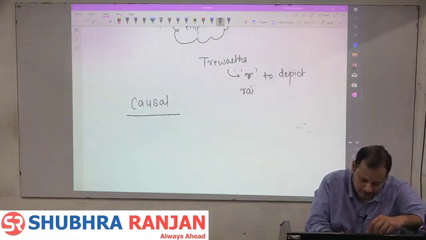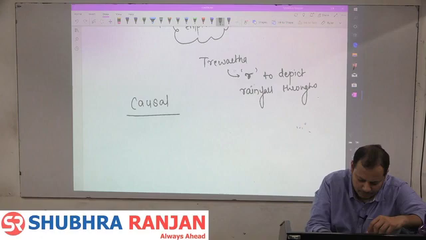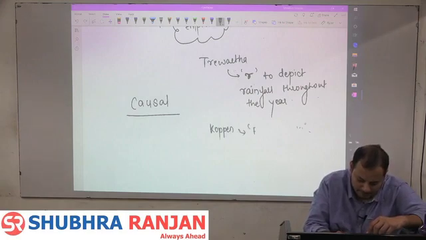To depict rainfall throughout the year. While Köppen uses small f to depict rainfall throughout the year.